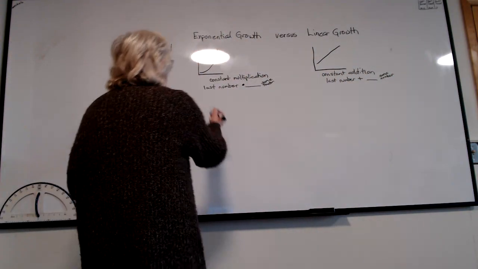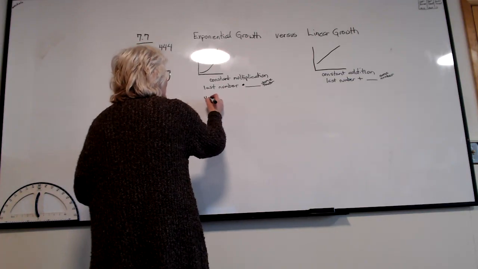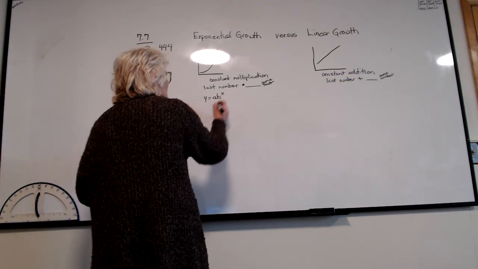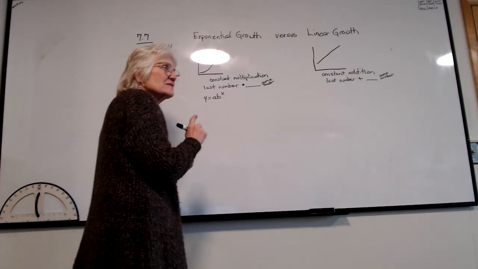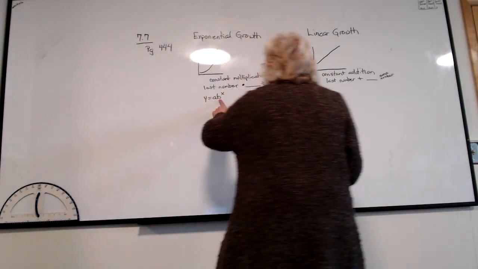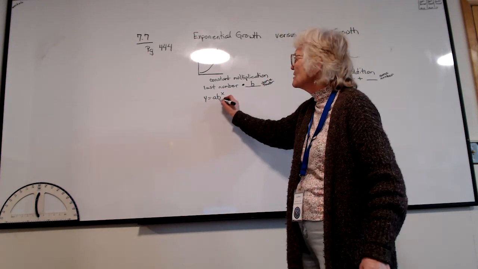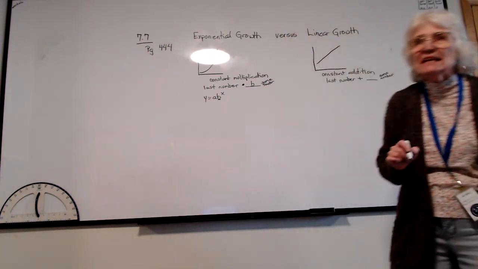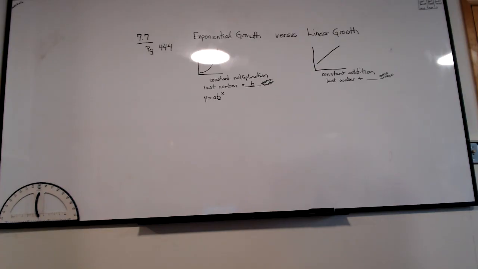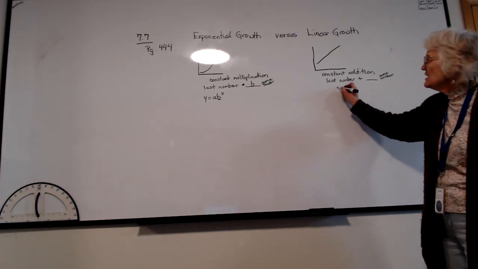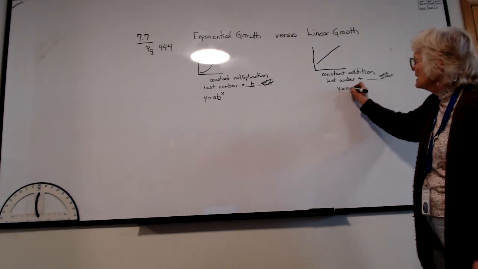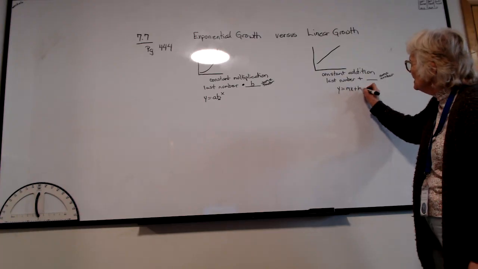So we have talked about this, that y is equal to ab^x. That's what gives us that constant multiplication. This is the number we're constantly multiplying by. So we are constantly multiplying by b in that case. Okay? In a linear equation, y equals mx plus b.